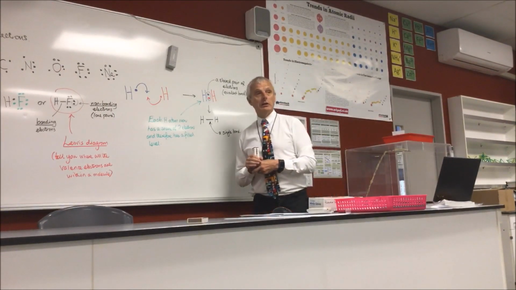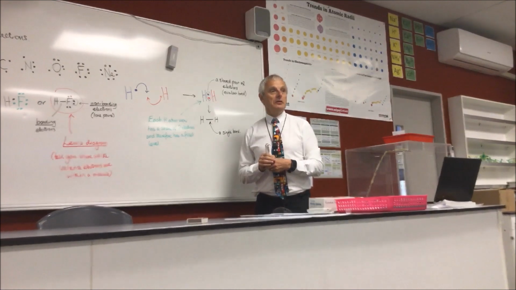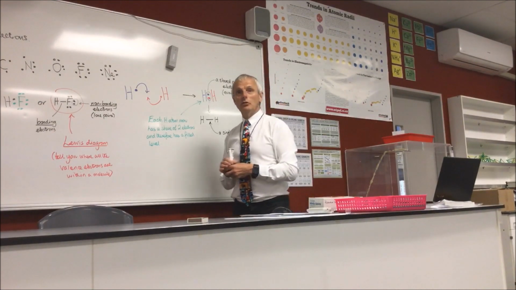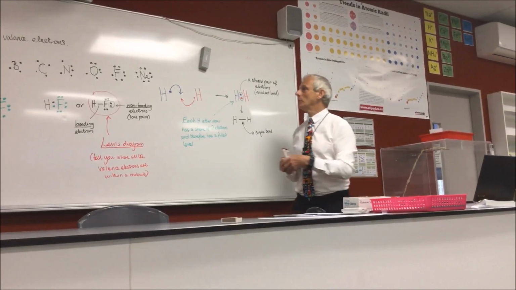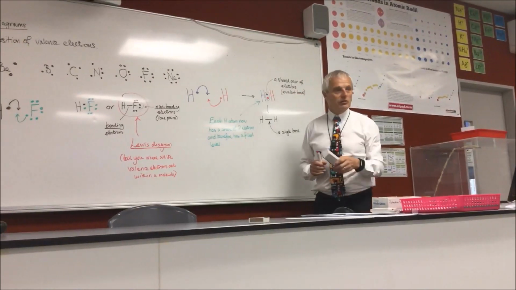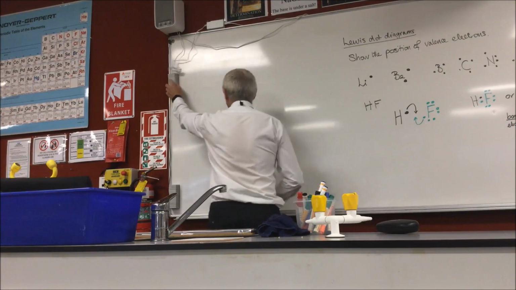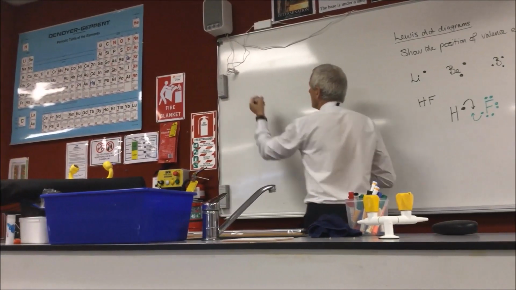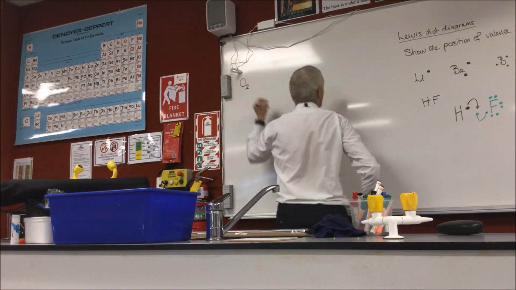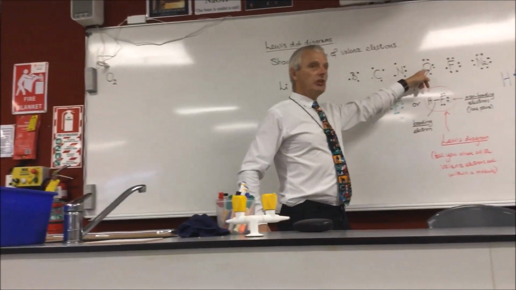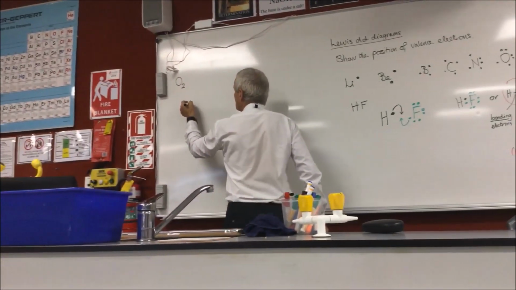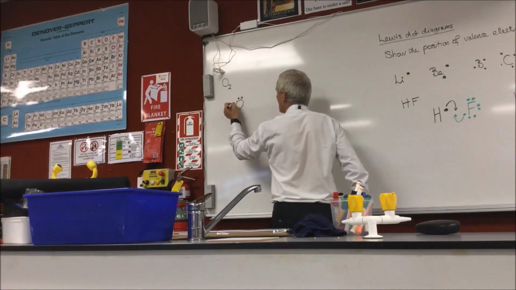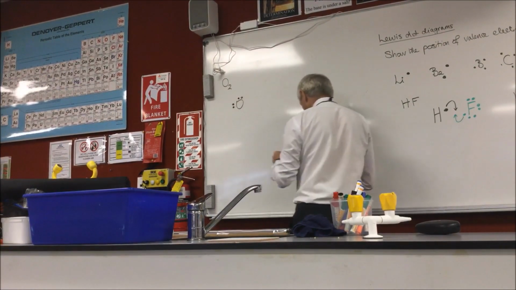Now, before we start looking in great detail and working through how we get Lewis diagrams for a given formula, there's a couple of extra things to be aware of. Have a look at oxygen. So if we go, oxygen is here. Okay, it's got 6 electrons. So we've got that.